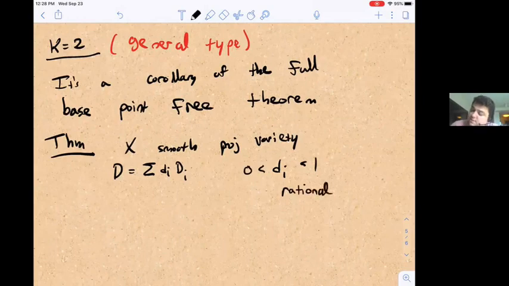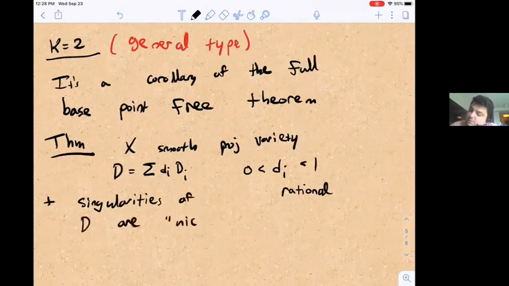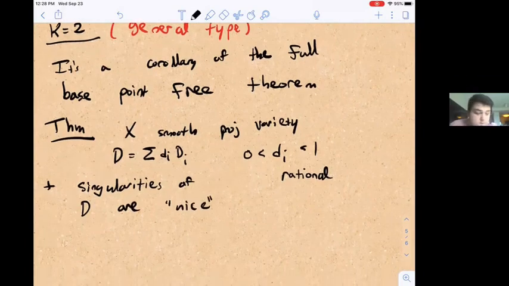And then let's say that the singularities of D are nice, which I won't define now, but we'll spend a long time talking about the various singularity properties later.